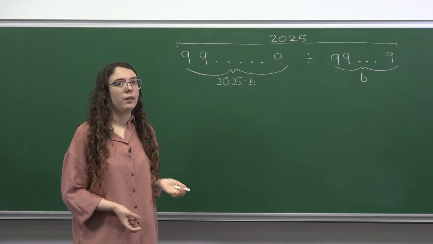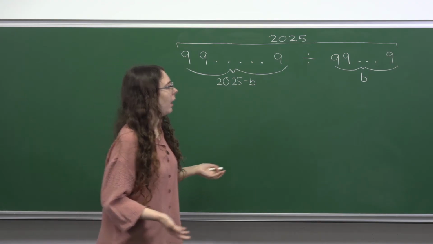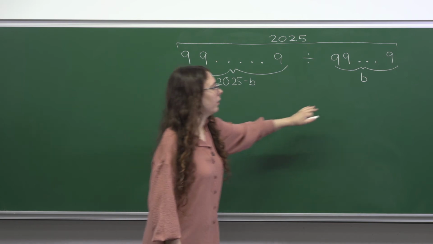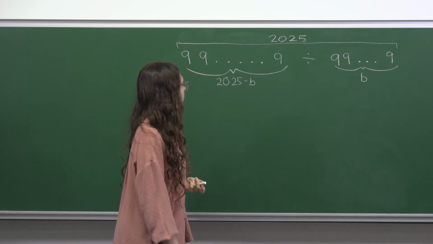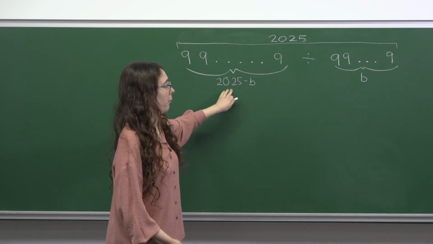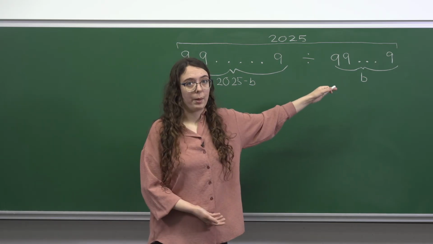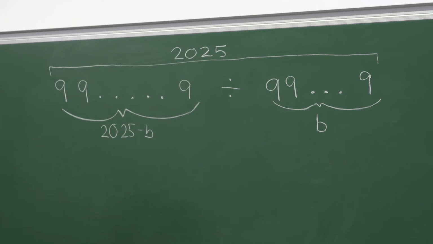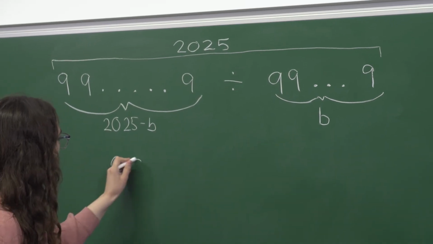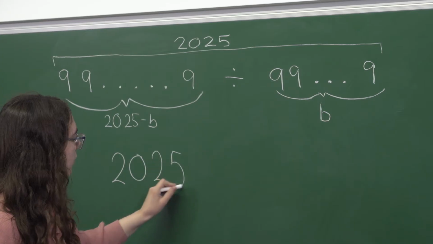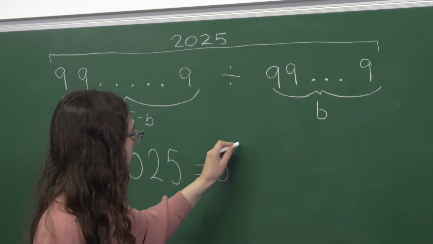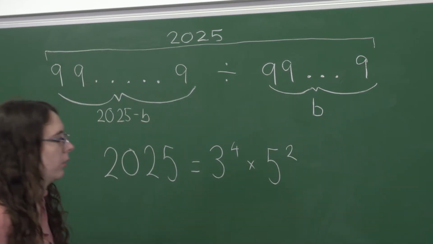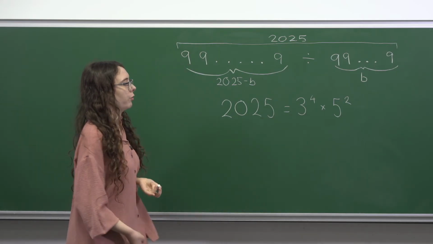And if you think about it, this is the same as saying how many numbers b are there such that 2025 is divisible by b. Because 2025 minus b is going to be a multiple of b precisely when 2025 is a multiple of b. So this is the prime factorization of 2025.